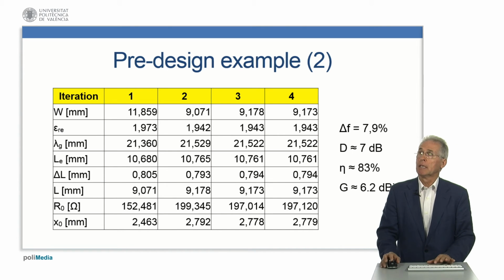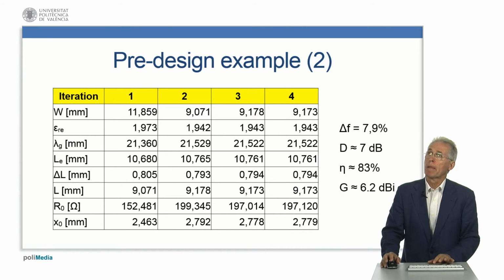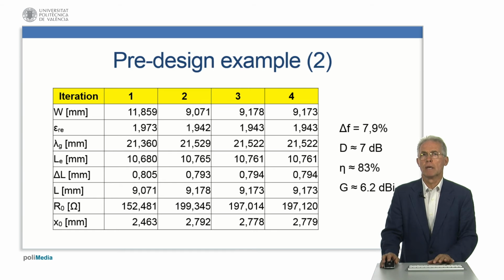Then, if we want really a square patch, we need to proceed with this iterative process. And as you can see from the table shown, after 4 iterations, we have reached convergence. So, in the 4th column of this table, you can see that the values are really close to the ones in the 3rd column of the same table.